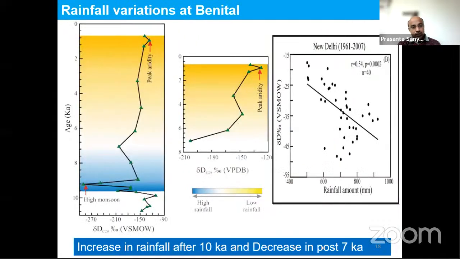Once we are sure that the organic carbon was dominated by the catchment area, we measured the hydrogen isotopic composition in the alkane.